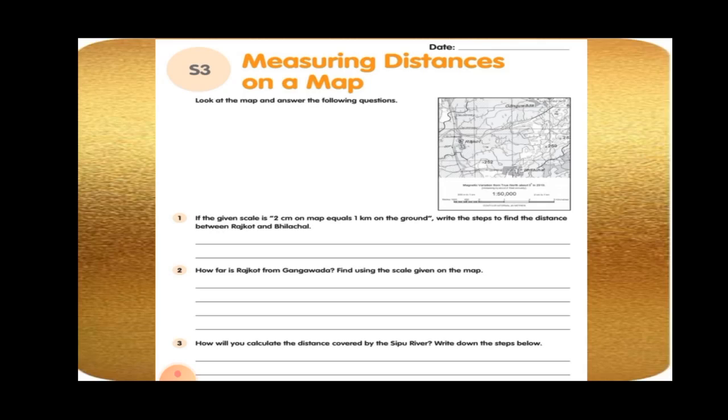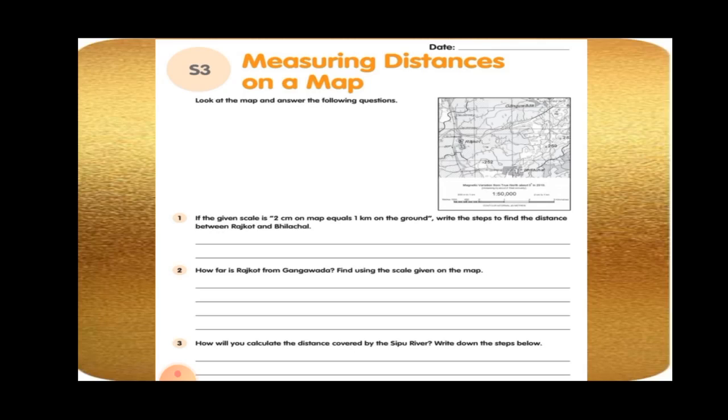The first question: if the given scale is 2 centimeter on map equals 1 kilometer on the ground, write the steps to find the distance between Rajkot and Bhilachal. So, what you have to do, children? Place a scale starting from Rajkot and ending at Bhilachal.